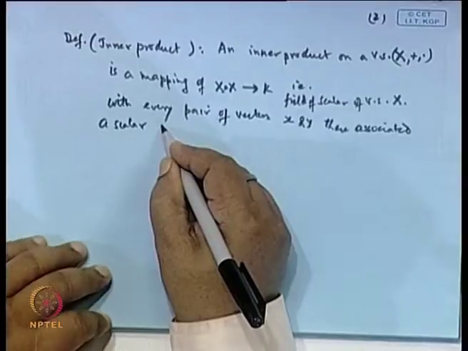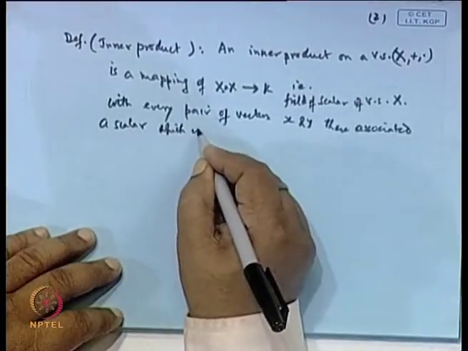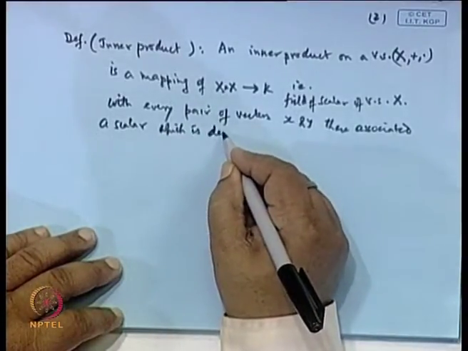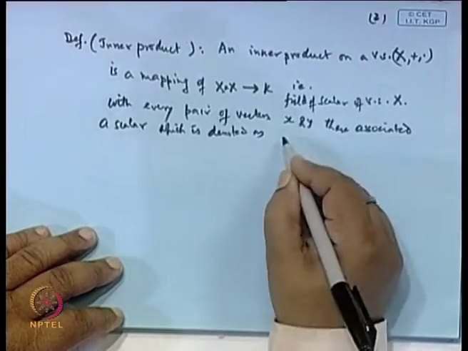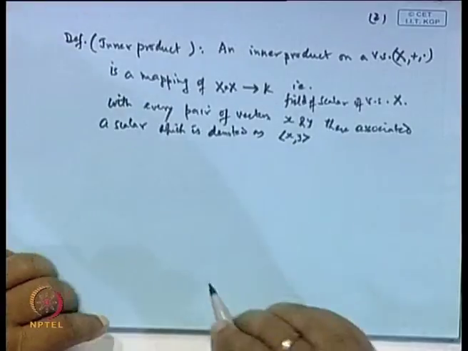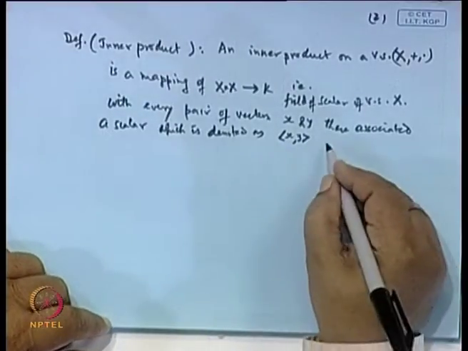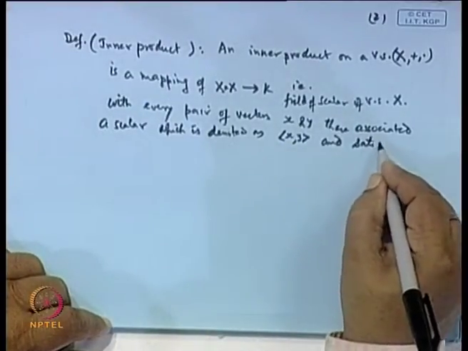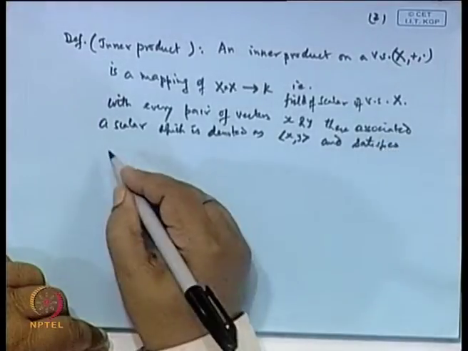We denote this by x comma y, and it satisfies the following properties.